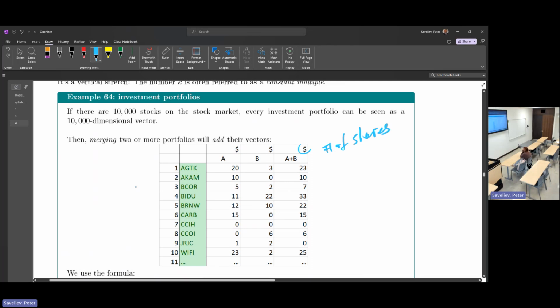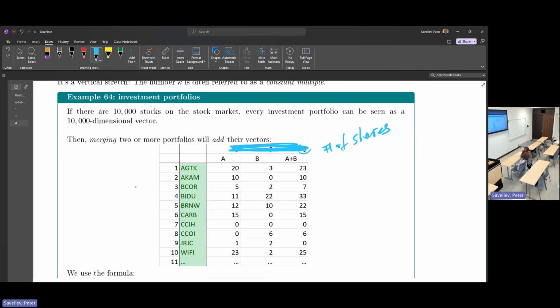It makes no difference, because in fact, probably number of shares is a better way to explain it, because non-homogeneity of these vectors is an important thing to remember. They do not have to be in the same unit. I just made dollars convenient, but the number of shares is what matters as far as algebraic operation is concerned.